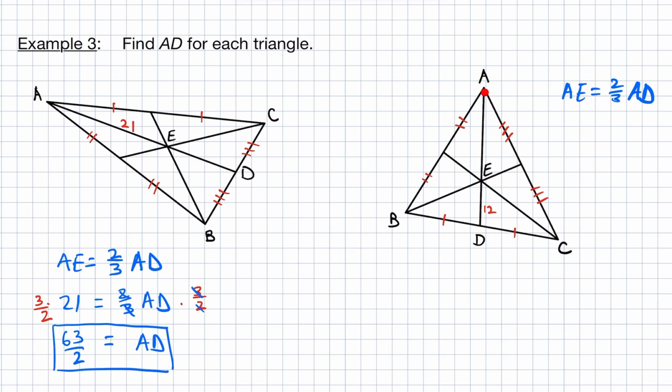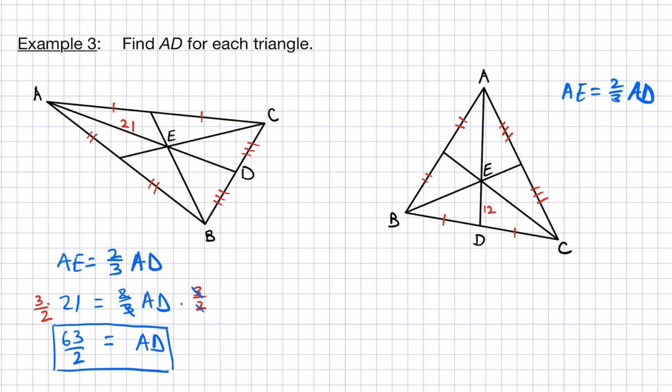So in other words, if this is 2/3 the length of the median AD, then this segment would have to be 1/3, right? And how do we know that? Because AE, which is 2/3, plus 1/3 gives us an entire whole, right? 3/3.